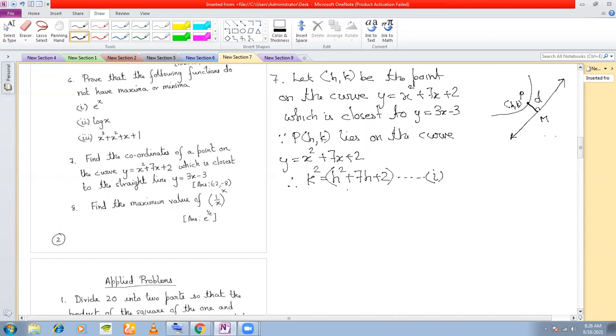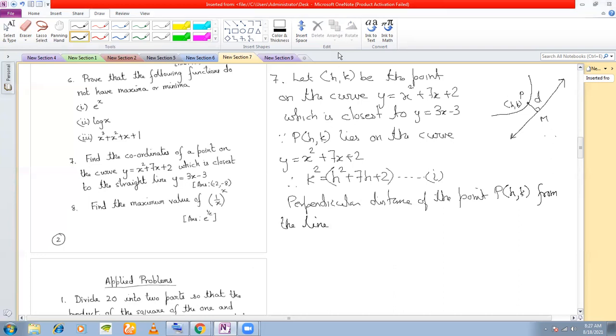First of all, let's find out the perpendicular distance of the point P(h, k) from the line y is equal to 3x minus 3.